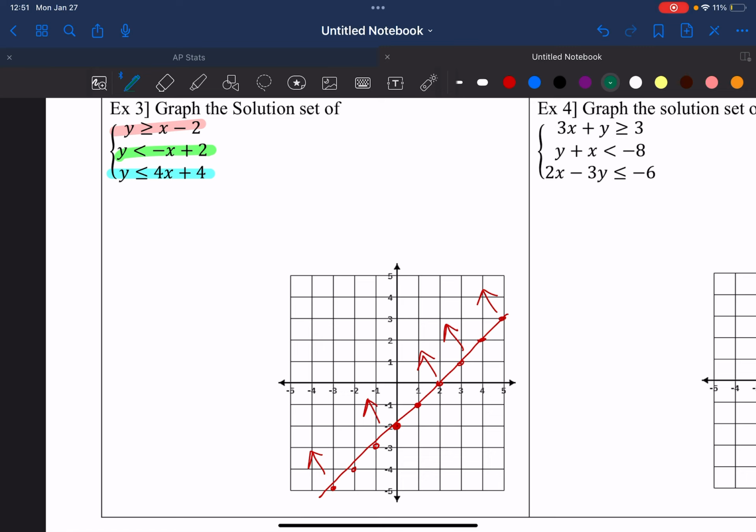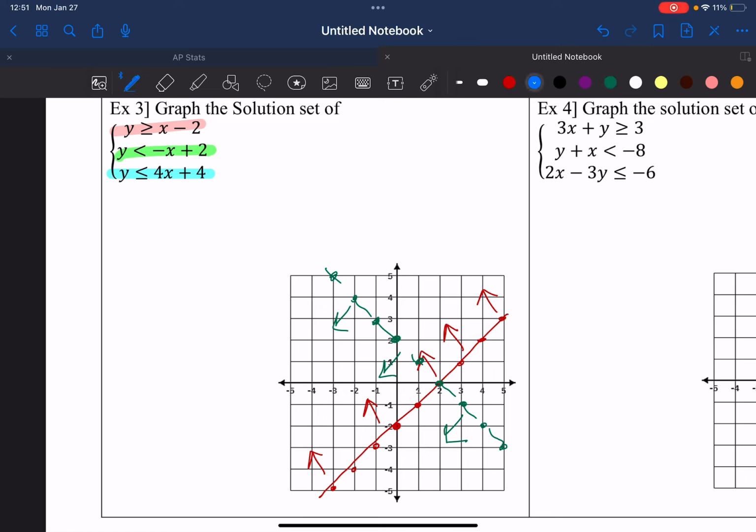I have 2 as my y-intercept, and I have negative 1 as my slope. So now I'm going in the opposite direction. And since it is less than, it's going to be a dotted line, and I'm going to shade below.